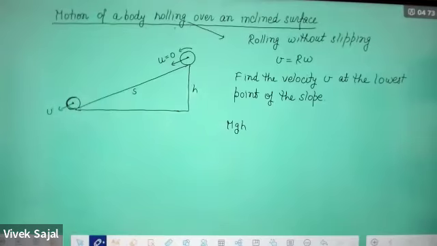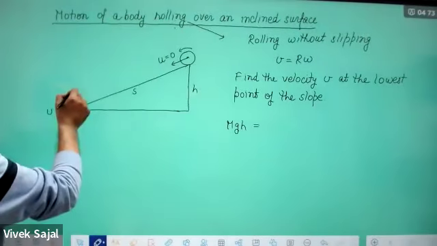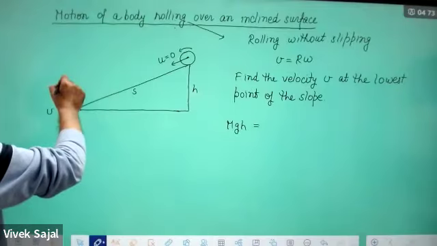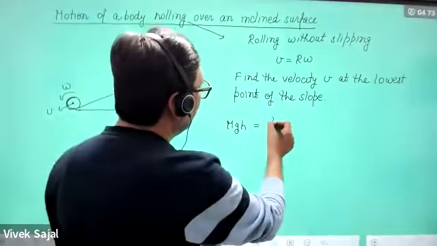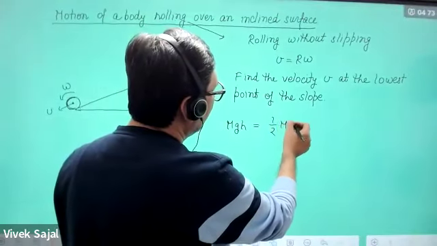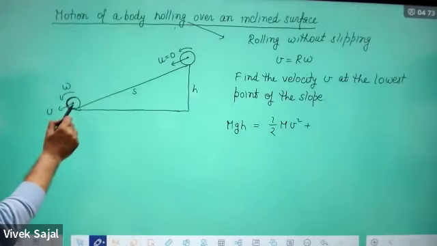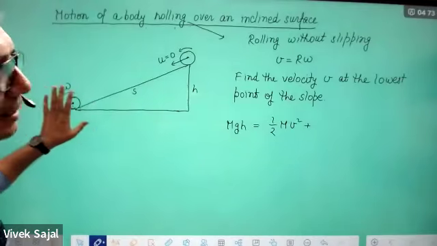This will be mgh. It will be equal to, at this point, kinetic energy. Suppose at this point its angular velocity is omega and velocity is v. So I write 1/2 mv square plus, assuming potential energy is 0 at the lowest point, on the ground itself, only kinetic energy will be there.